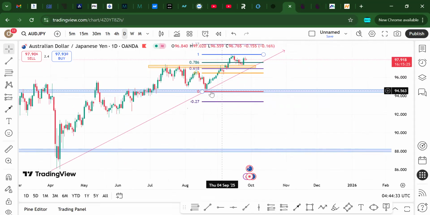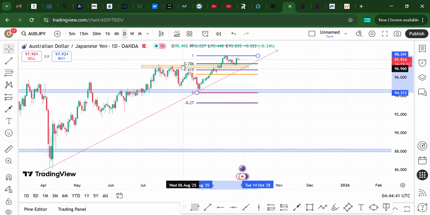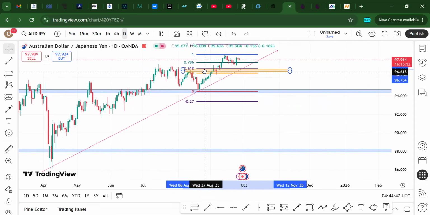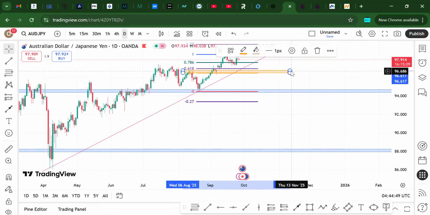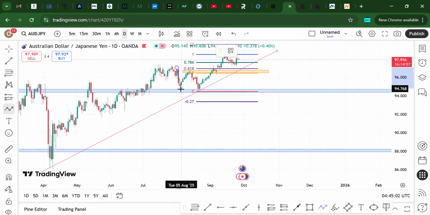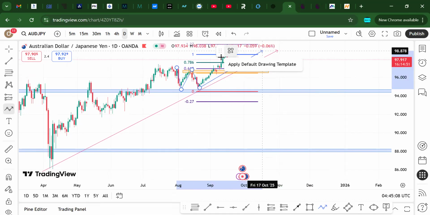If we look at our second fib from this swing low down to this place, I have my Fibonacci retracement golden zone, so we'll adjust this to come into this golden zone, which, as we can see in this case, aligns with the neckline of the W pattern that we saw from the weekly time frame. We can see the W pattern here, from here, here, here, and then this is the extension of the pattern.